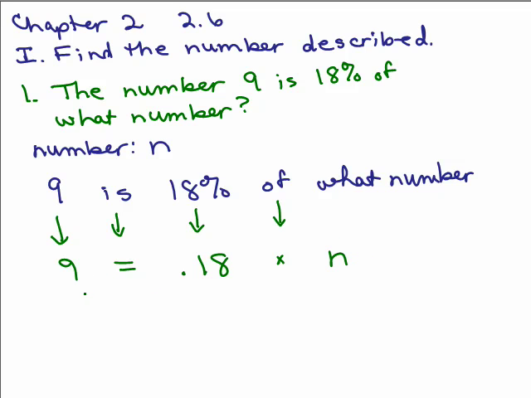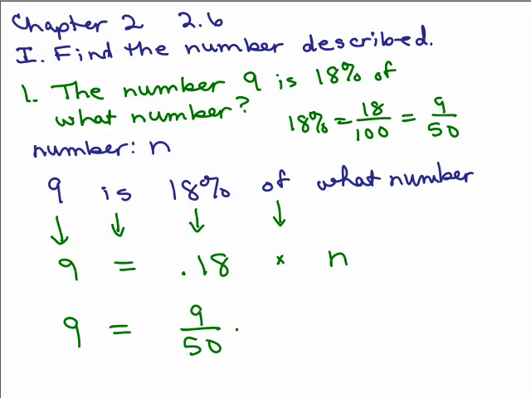So you could write 9 equals 0.18 times n, or 0.18, remember 18% means 18 hundredths. This is pre-algebra material, which is 9/50ths. So if you wrote it as a fraction, it would be 9/50ths n. 0.18 times n also could be written as just 0.18n.